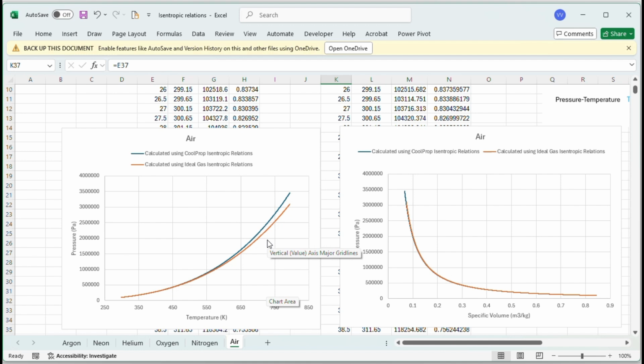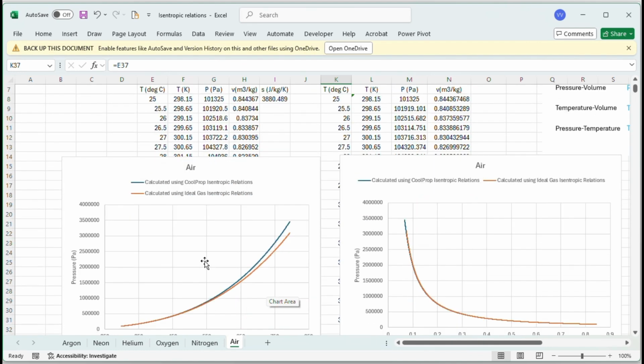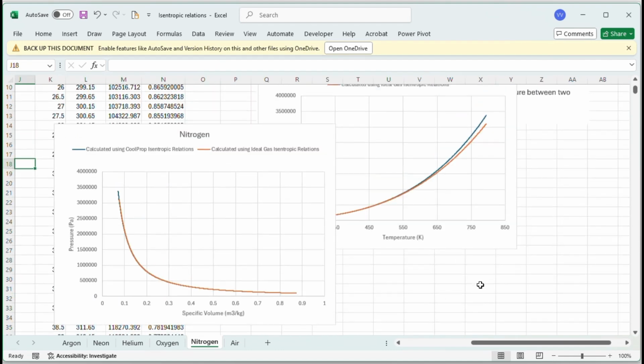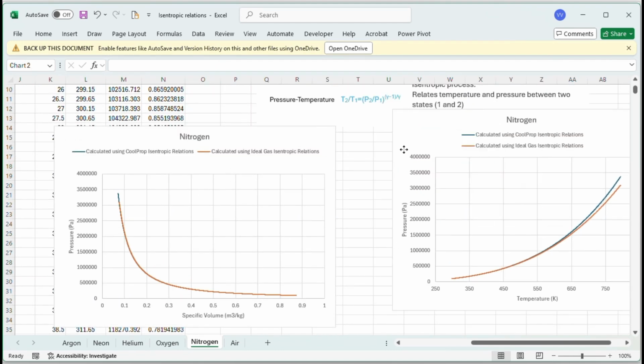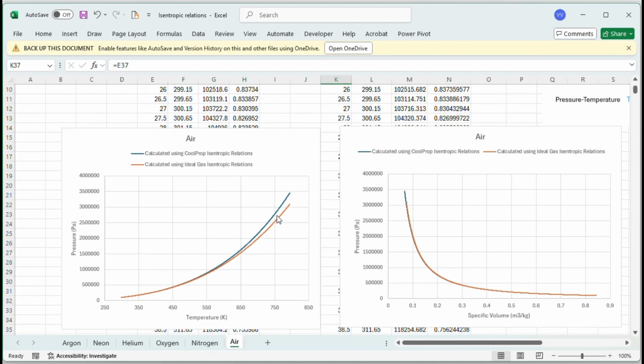So basically, what that tells you is at some conditions, air is not fully behaving like an ideal gas. If you also look at nitrogen, which is a gas present in air, it's somewhat similar to air too. It does have some deviations, just like air was showing here.